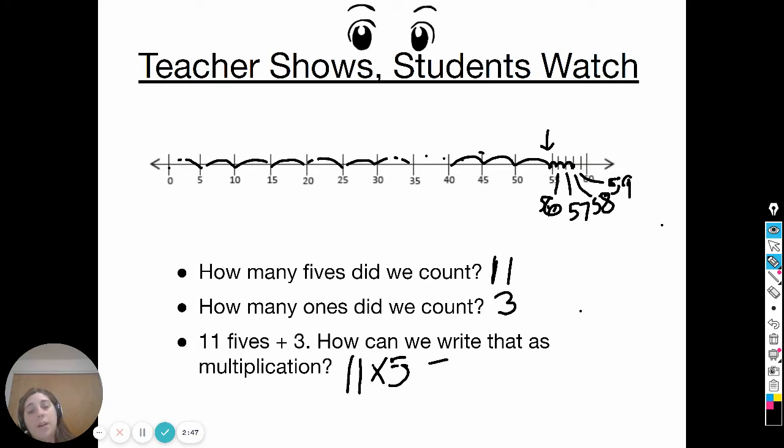So if we were to solve that, that is 55, which we know because we counted by fives until 55, plus we have to add the 3 more. Okay? And 55 plus 3 is 58. And that's what we were trying to get to, is 58 on the clock.